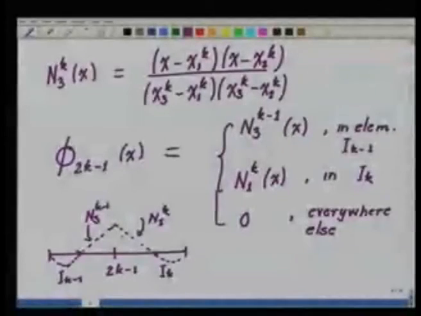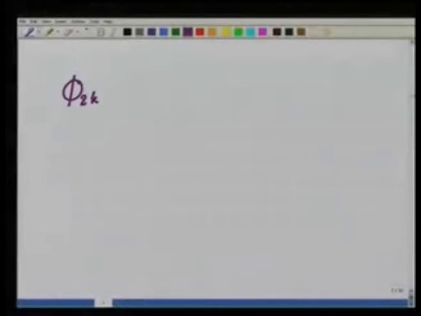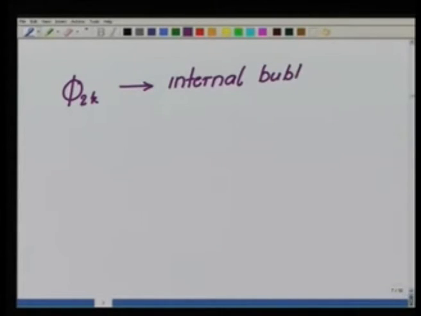What about the phi 2k, that is the even ones? The even ones, if you see, are defined only in the element. So the even ones, the phi 2k, k equal to 1 to the number of elements, are sometimes called internal bubble functions.